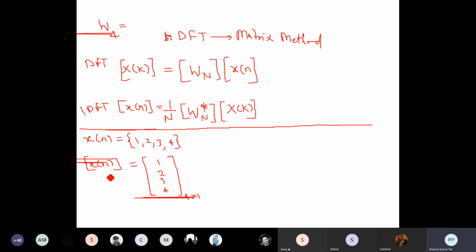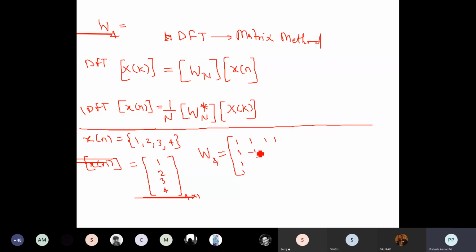Okay, so this will be the column matrix for input, 1, 2, 3 and 4. Similarly, we need to find W of 4, and W of 4 we already know. Okay, so that is 1 1 1 1 in the first row, and the first row and first column are all 1s.